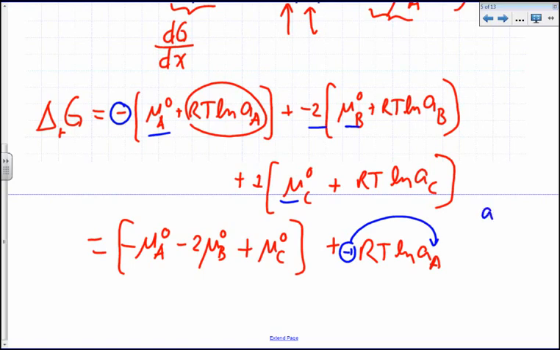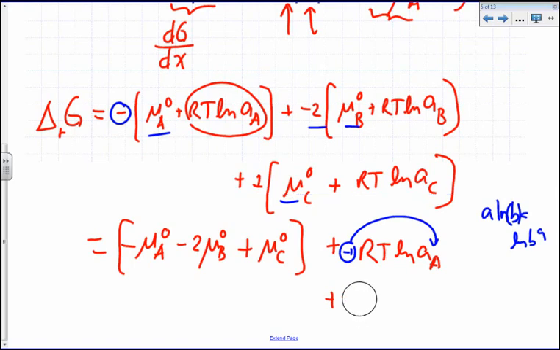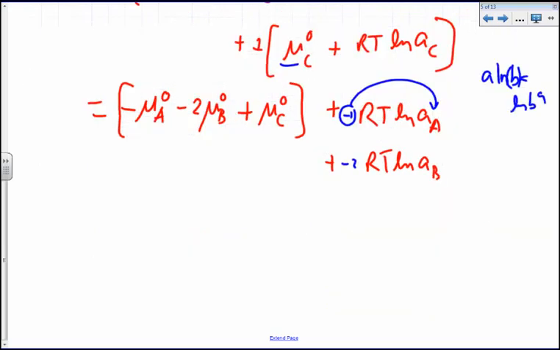Remember, A ln B is equal to ln of B to the power A. So I'm going to make that a power later. Plus -2 times RT natural log of activity of B, plus +1 times RT natural log of activity of C.